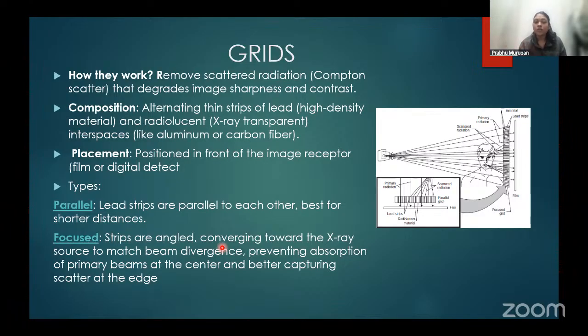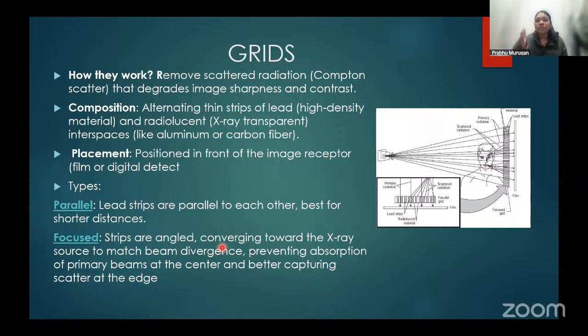Whenever there is scattered radiation, there is going to be loss of image sharpness and contrast. So when this grid is placed, it will help to remove the scattered radiation and improve the image sharpness and contrast. Okay, so what is the composition of this grid?